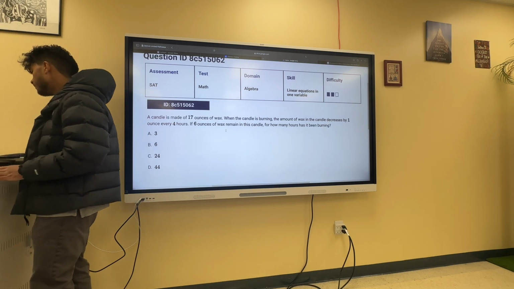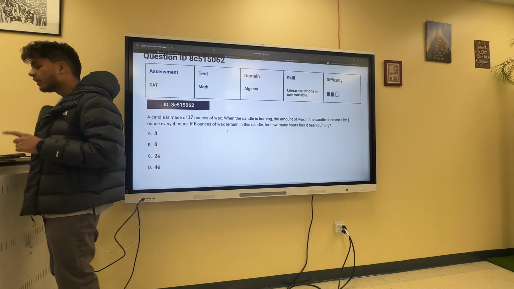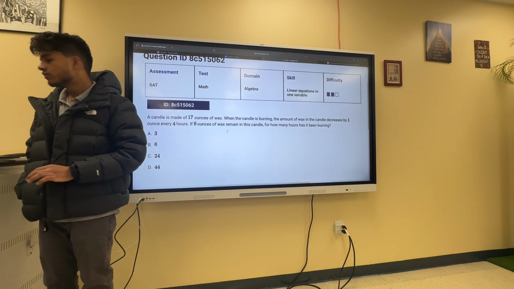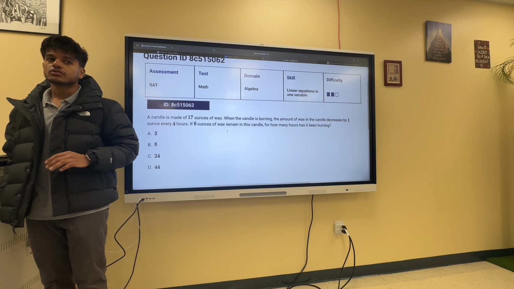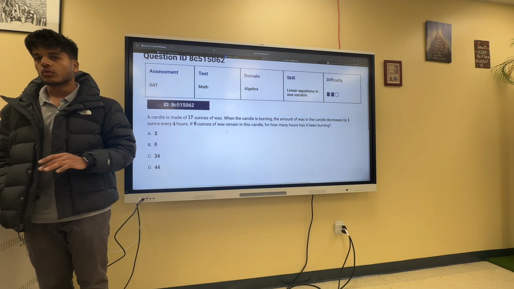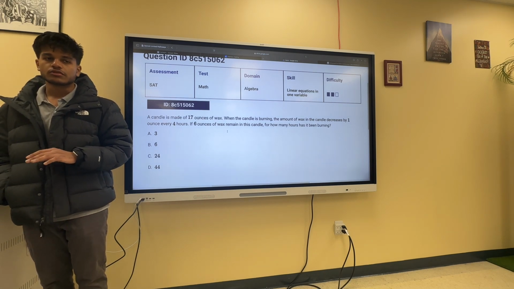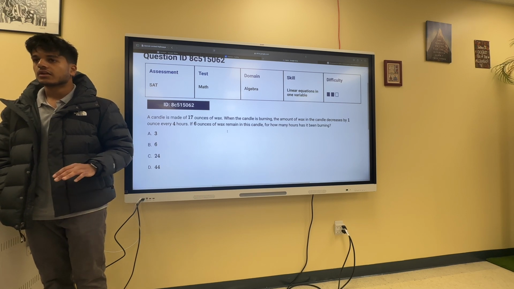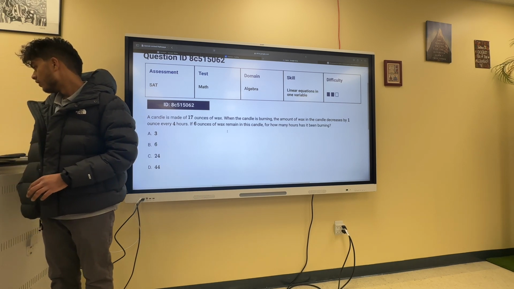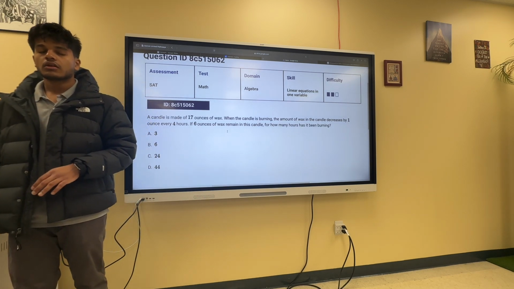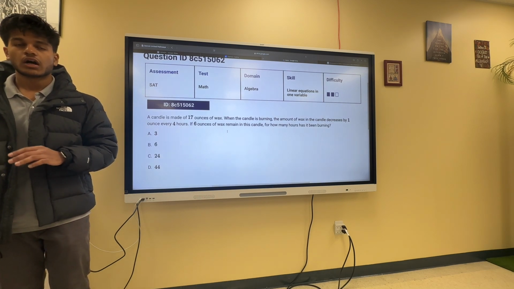Because this is 1 ounce every 4 hours. You always want to remember that time is always going to be an x variable, no matter what happens. Time is always going to be an x variable on the SAT. And other variables, like maybe 1 ounce or something, is also always going to be a y variable.